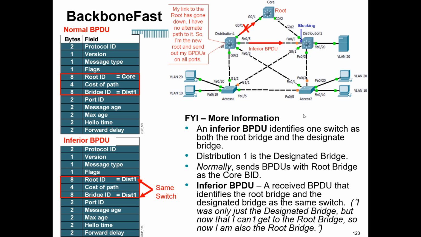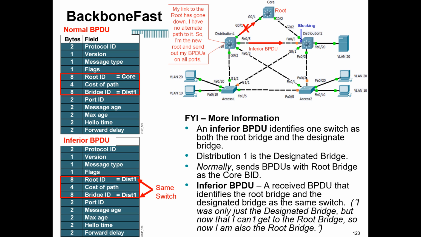Backbone fast focuses on our root ID, cost of path, and bridge ID. An inferior BPDU identifies one switch as both the root bridge and the designated bridge. Distribution 1 is the designated bridge.